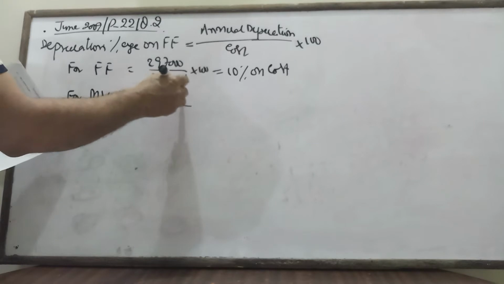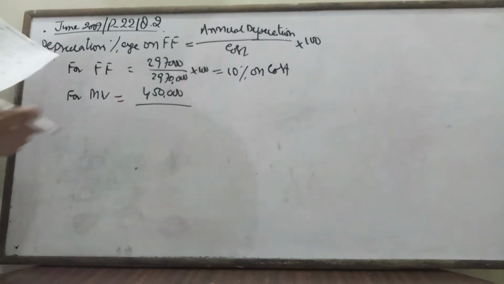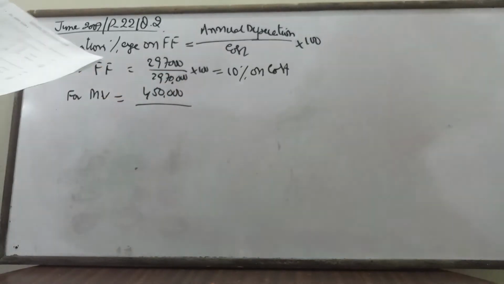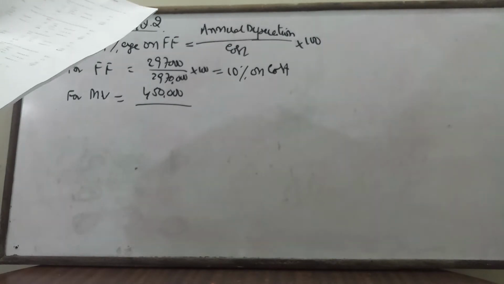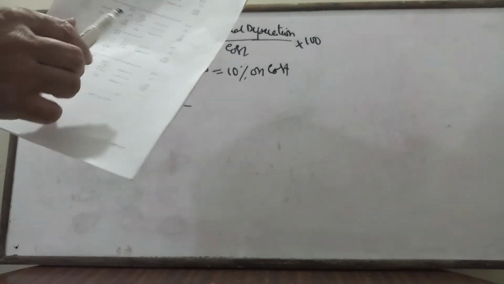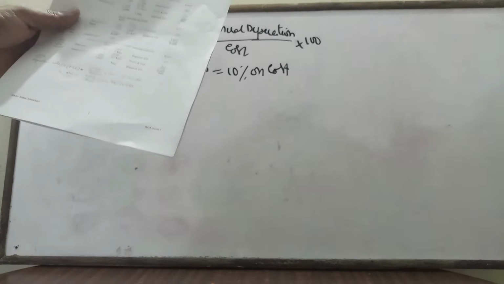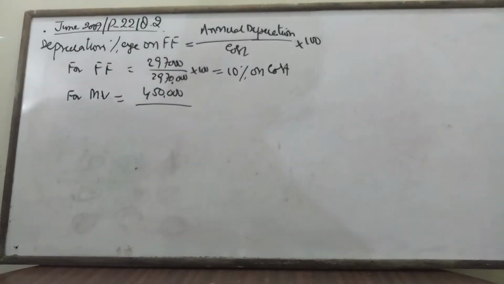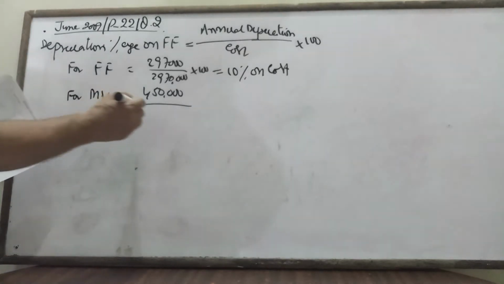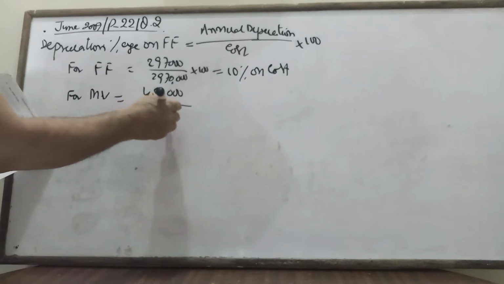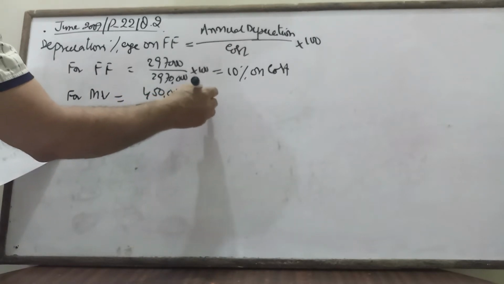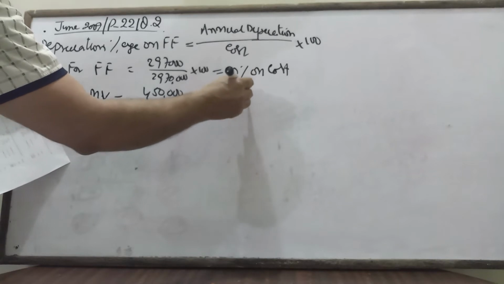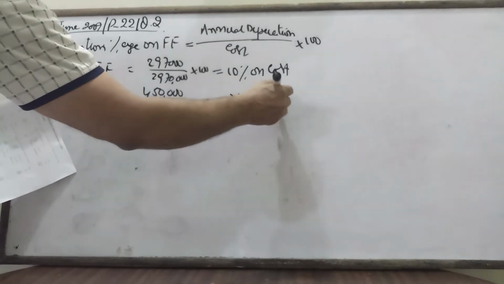This is the annual depreciation charge on motor vehicles for 2008, given in the T accounts. The cost of the motor vehicles, balance c/d for 2008, is given as 1,800,000. Multiplied by 100, this equals 25% on cost.